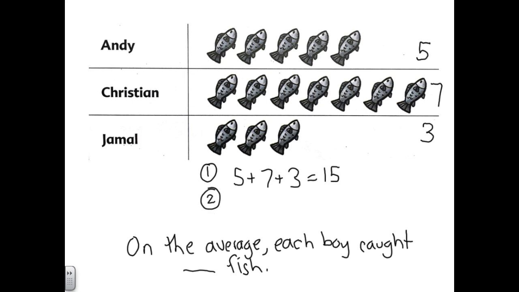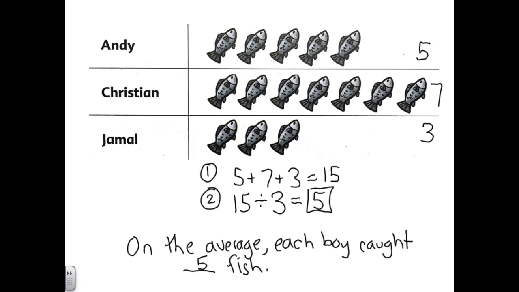Now my second step is going to be to take that total of 15 fish and divide it by 3, because there's 3 boys. And I want to know, if I distributed the fish equally, how many fish would each boy have? So 15 divided by 3 equals 5. So that means that on the average, each boy caught 5 fish.